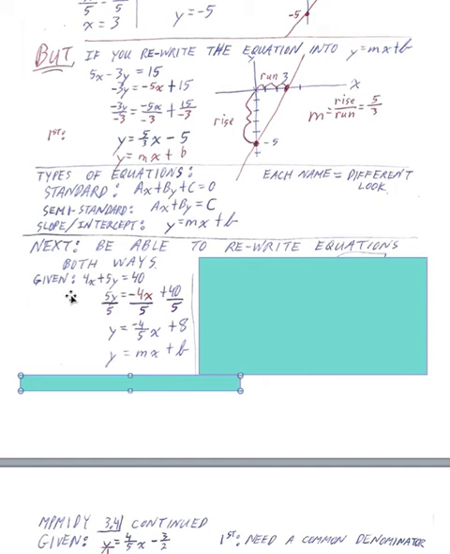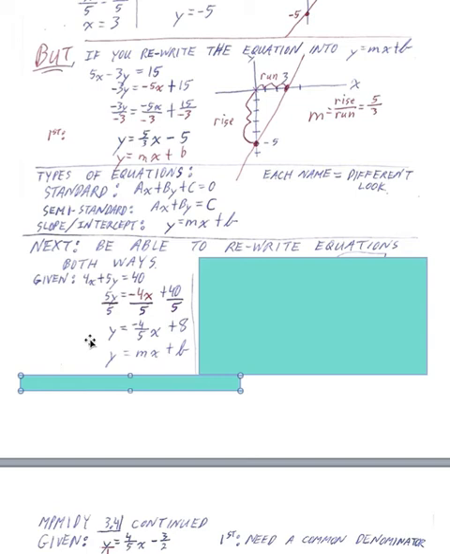Okay? So again, the 4x goes over. When it switches sides, whatever was a plus becomes a minus, right? Because it's on the wrong side. And then I don't want 5y, I want single y. So I got to divide by 5. And what I do to 1, I have to do to all 3 to be fair. So here's my new equation, my new look. I switched it from semi-standard to y equals mx plus b.